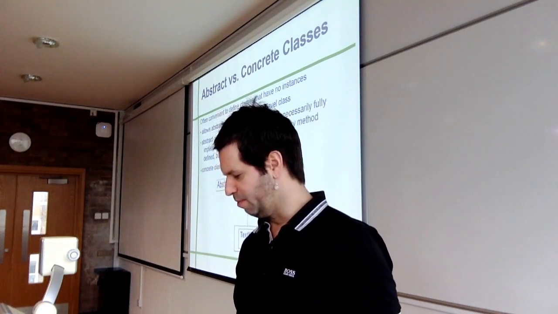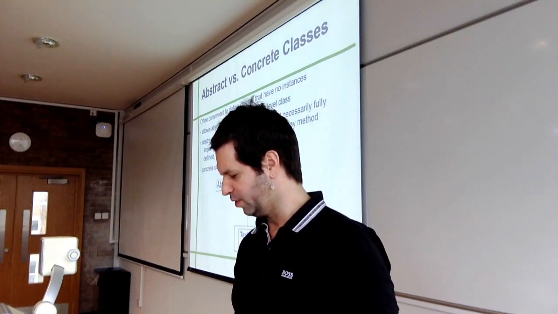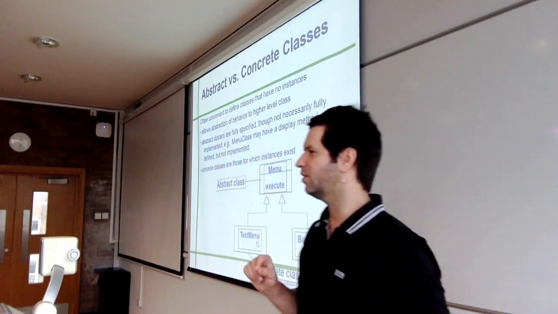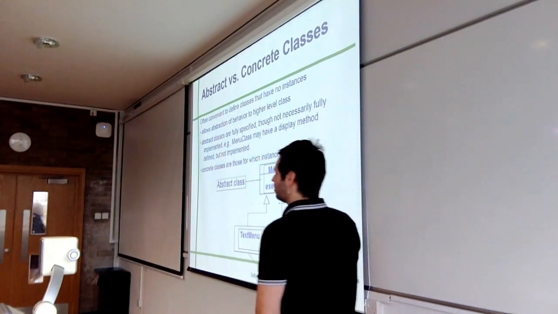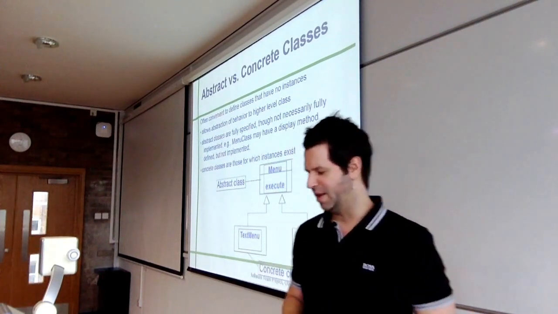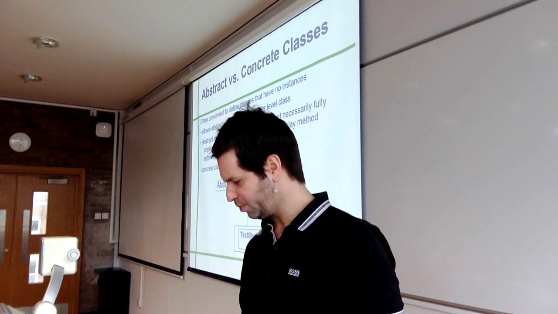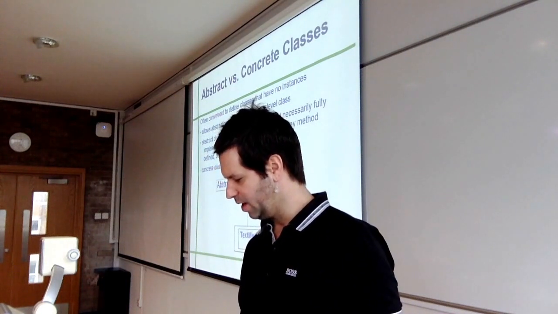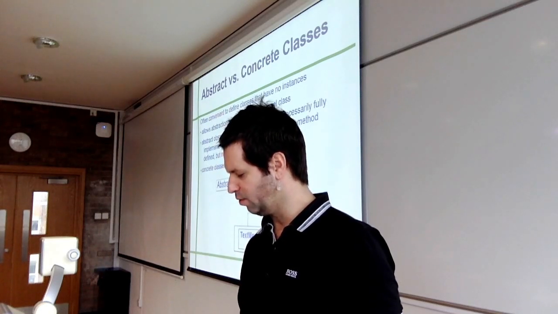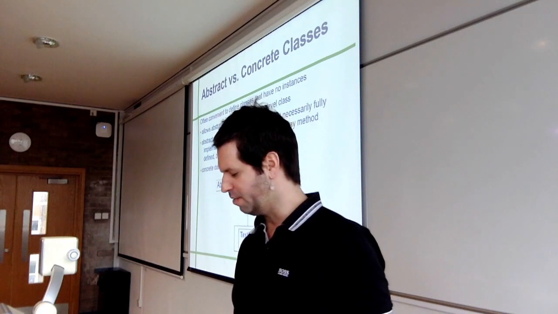And then from the abstract menu class, we derive two concrete classes. These are classes we actually create instances of. For example, text menu or button menu. So this is an abstract class. These are concrete classes. We can instantiate text menu and we can instantiate button menu.